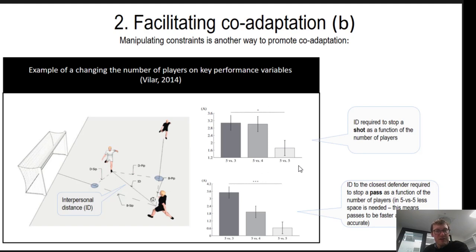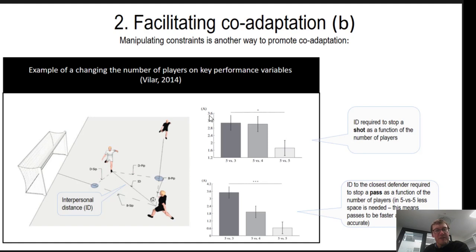And what the researchers did is that they looked at these interpersonal distances under different game formats, where they have small-sided games and different numbers of players. So they have a 5 versus 3 situation, 5 versus 4 situation, 5 versus 5, so an equal situation. So a typical futsal situation, I believe there's 5 players per futsal team, right? I'm no expert.